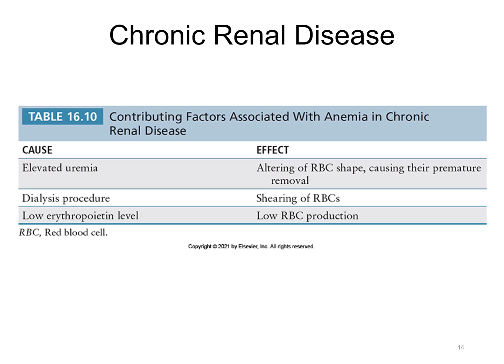Now, some of the contributing factors that are associated with anemia in a chronic renal disease will be due to elevated uremia. And so what happens is you have an altering of the red blood cell shape that will actually cause the premature removal of those actual red blood cells.